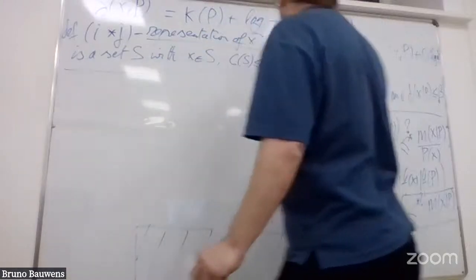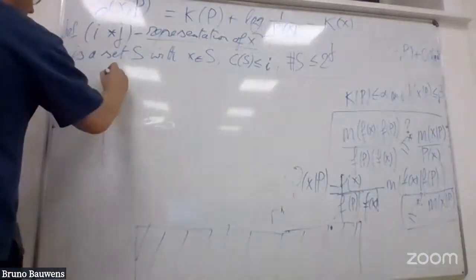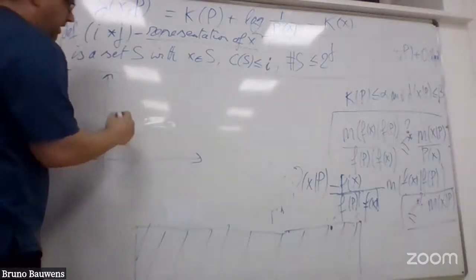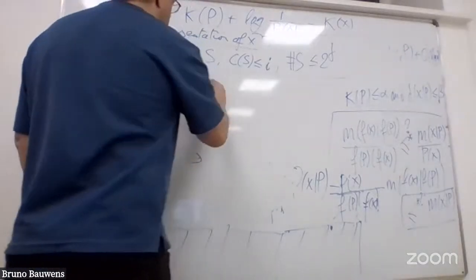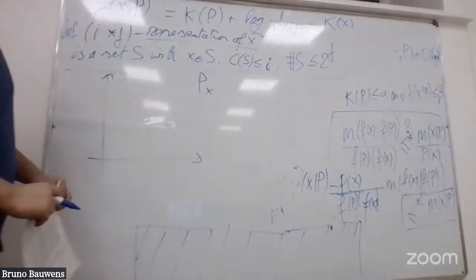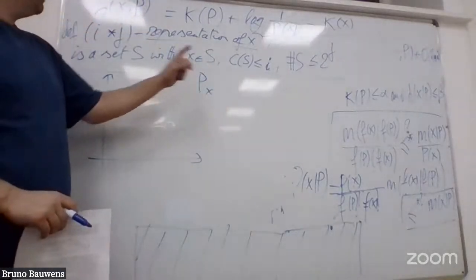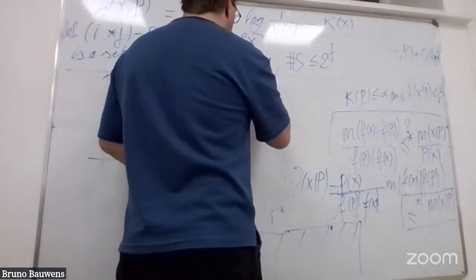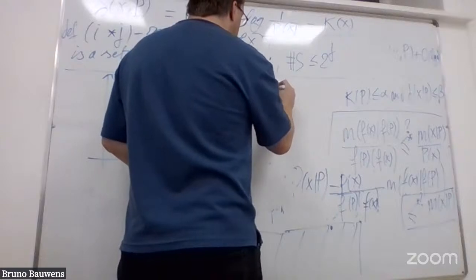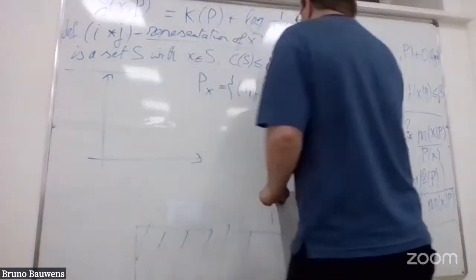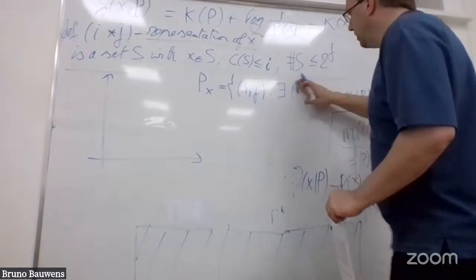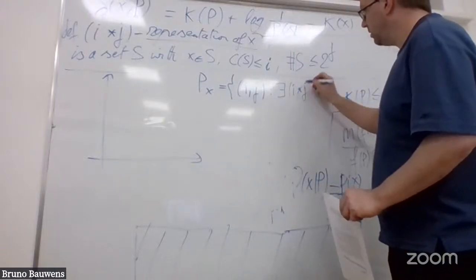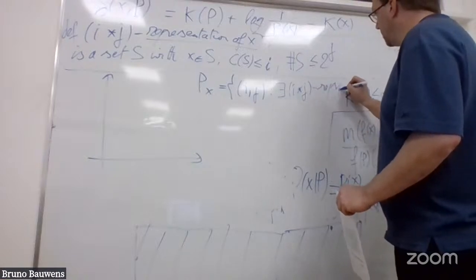Okay. And now we can define the profile. So the profile P of X is all the pairs (i, j) for which there exists an (i, j) representation.